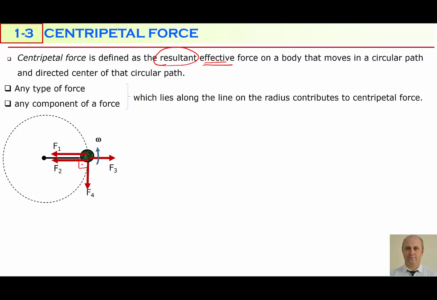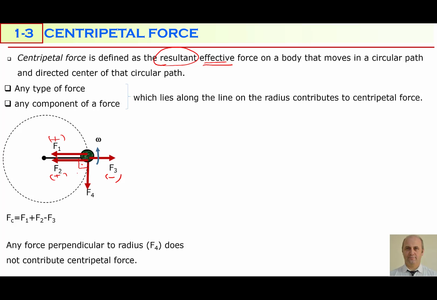That's why F4 will not be included in the centripetal force. Again, in here you are going to calculate the centripetal force by F1 plus F2 minus F3, but F4 will not be included because F4 is not an effective force. Any force perpendicular to the radius does not contribute to the centripetal force, because it is an ineffective force.